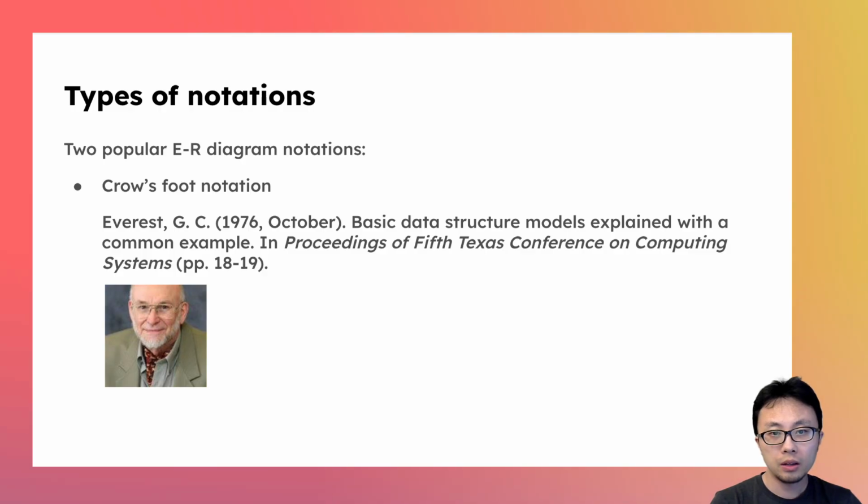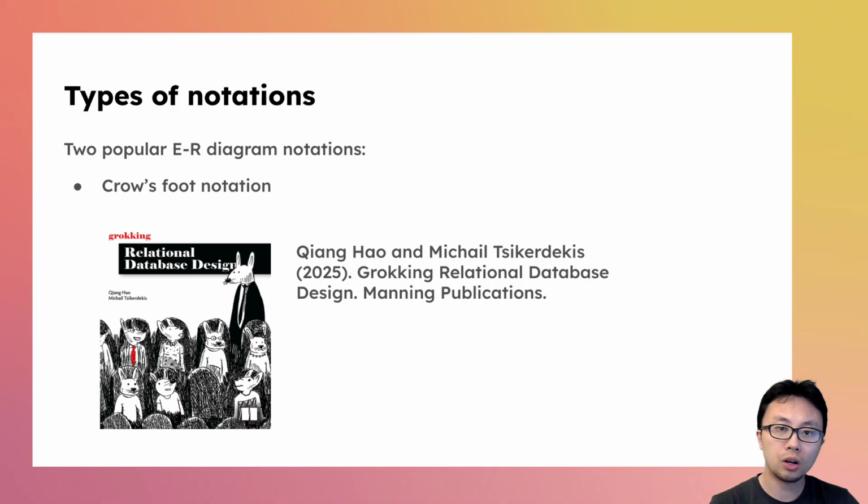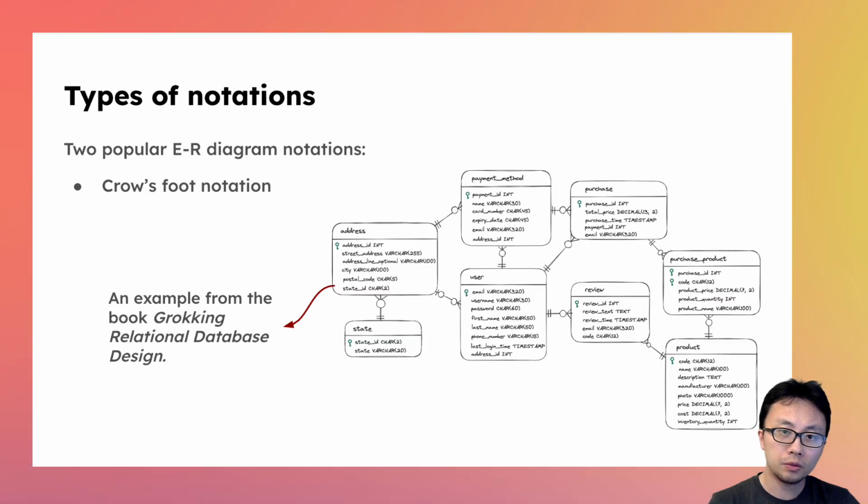In comparison, crossfoot notation has its root in a different paper published in the same year by Dr. Everest. Crossfoot notation is used more widely by the industry and practitioners, and it's also used by some database design books, like Grokking Relational Database Design. I'm one of the authors of the book.